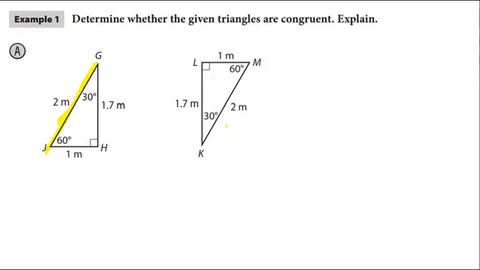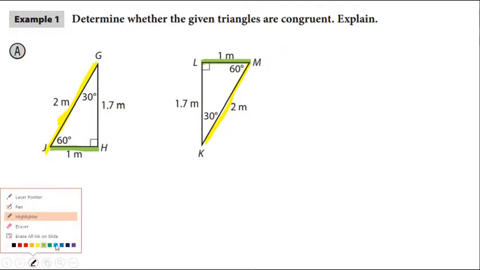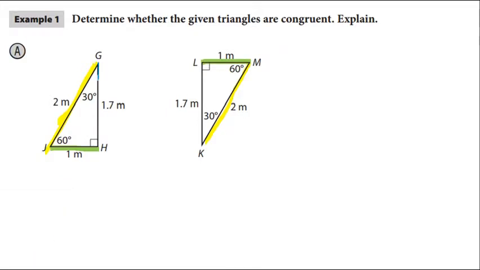And that corresponds over here to MK, which are both 2. So those are congruent. And let's look at another side. JH is 1. ML is 1. So that's congruent. And if I look at the third side, GH is 1.7, which means that LK is also 1.7. So all three sides are congruent.